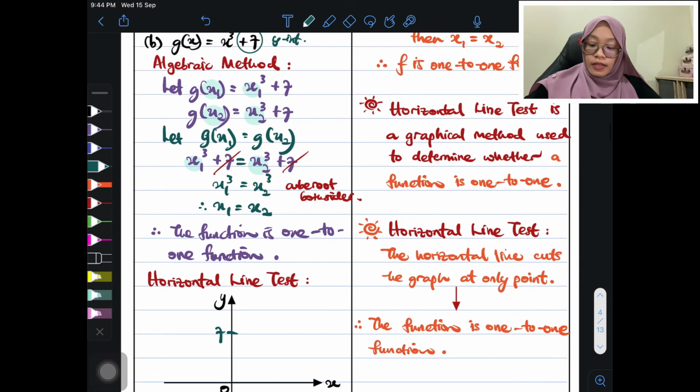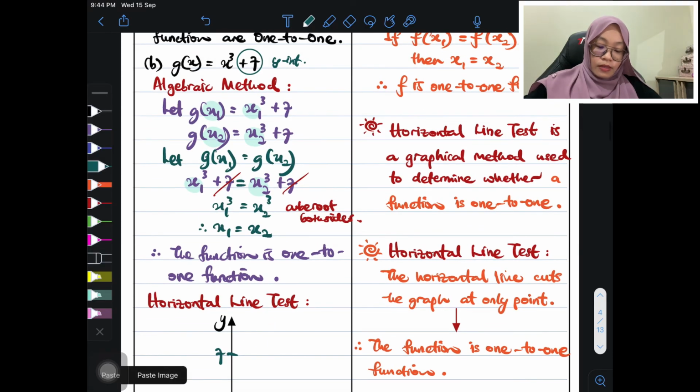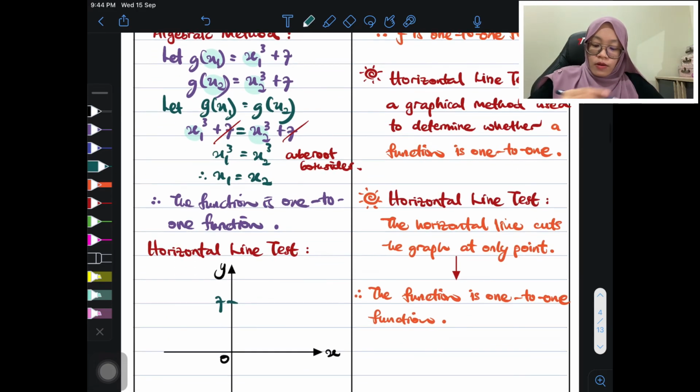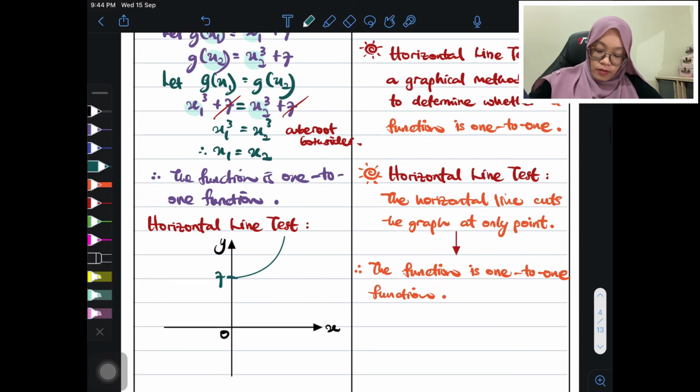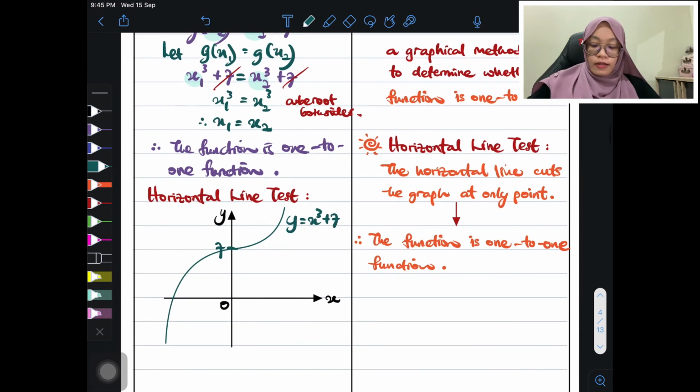And how do I know the cubic shape? Because this is a positive cubic. This is the basic shape. A cubic must be drawn from the first quadrant going down. So here goes. Okay. Go down. Yay. Pretty. So this is y equals x cubed plus 7.